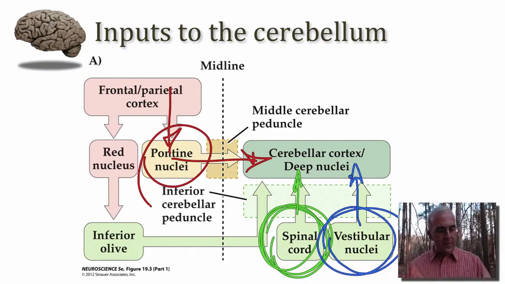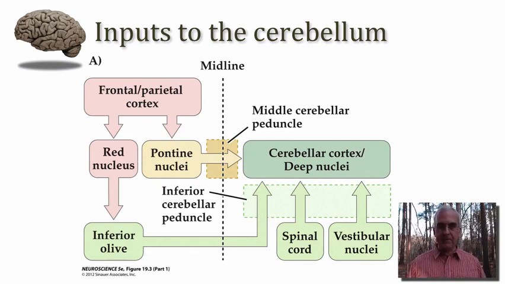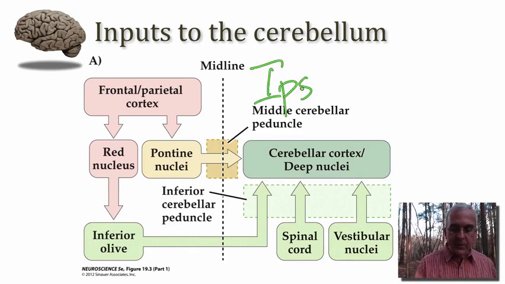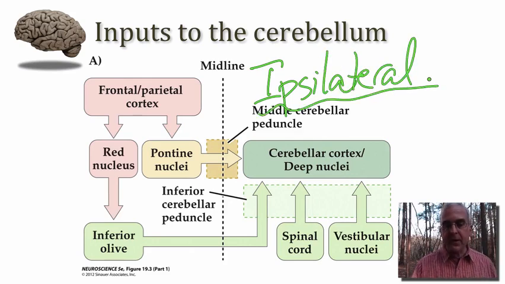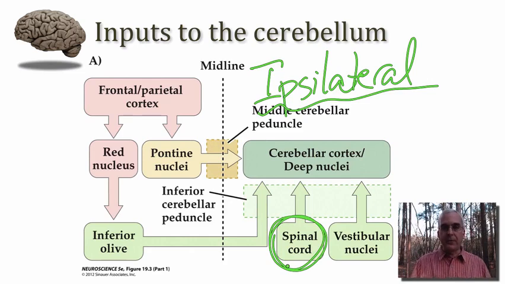One final point to make about the organization of this circuitry that should have been evident to you as we've been talking about it, and that is that this cerebellum is representing the ipsilateral side of the body. So perhaps I'm belaboring this point just a bit, but it certainly is worth some added emphasis. Perhaps the spinal cord is what first sets up this ipsilateral representation by virtue of its ipsilateral dorsal spinal cerebellar pathway that runs in via the inferior cerebellar peduncle.